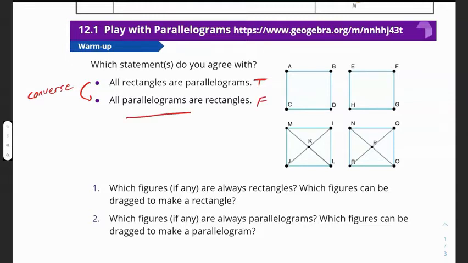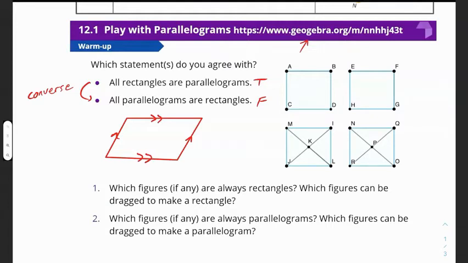For example, if you did this with the GeoGebra link earlier, you would realize that this drawing might not be 100% perfect, but I want to pretend that this side here is parallel to that side there. This side here is parallel to this side here.